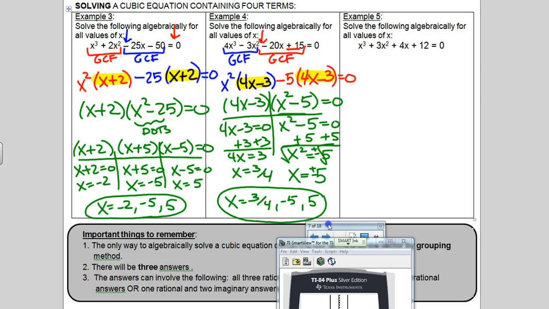All right, one last one of these, and then we'll do quartics. All right, so GCF and then the GCF. All right, in the blue group, there's an x squared in common. All right, in the red group, I take out a positive, and then I take out a 4.